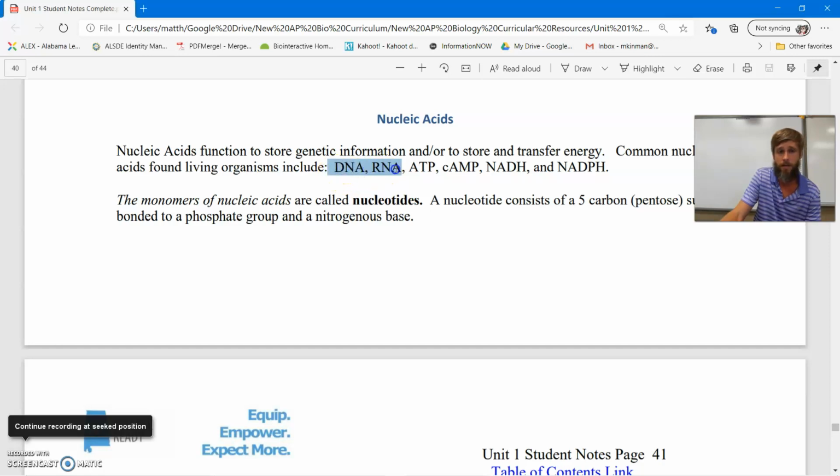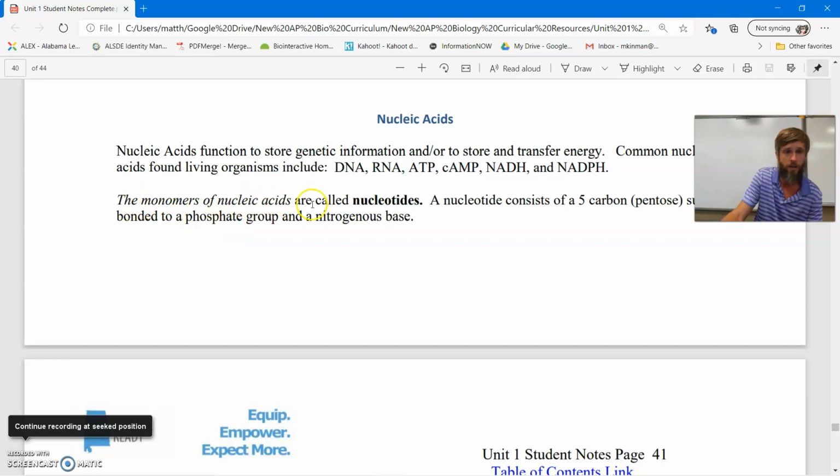These are two ways that our cells store genetic information. And then we have ATP, cAMP, NADH, and NADPH. These four molecules are used in energy transfer, which we'll talk more about in the next unit. All right, so two functions of nucleic acids: store genetic information and transfer of energy.